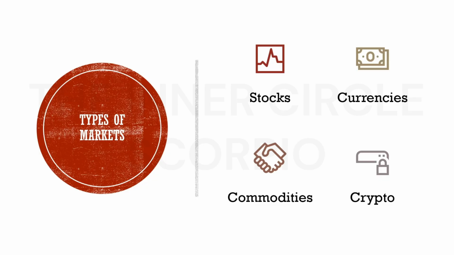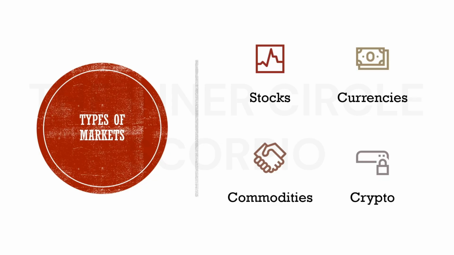Types of markets in trading. The four major types, which I learned along the way, were stocks, currencies, commodities, and cryptos. Stocks are the companies who have different values like Apple, Tesla, Google. They have public stocks that you can buy online with the help of a broker.